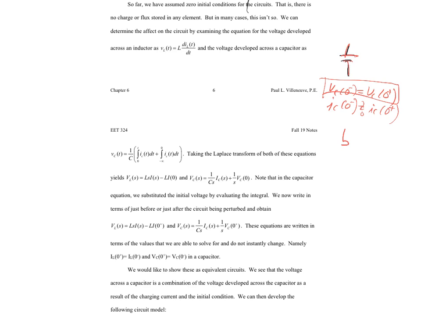With an inductor, our initial charge state is indicated by what? Voltage? Well, you certainly could say it's VL of 0, but VL of 0 minus, does it equal VL of 0 plus? I don't know. It may, but it might not.